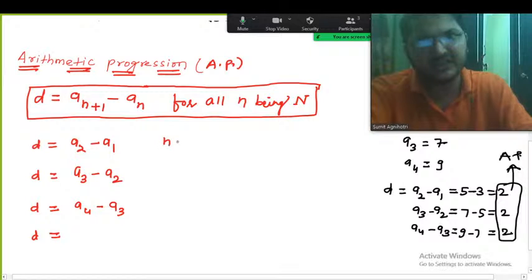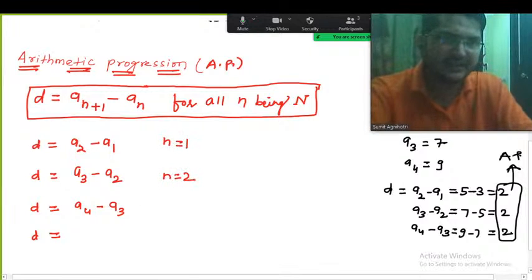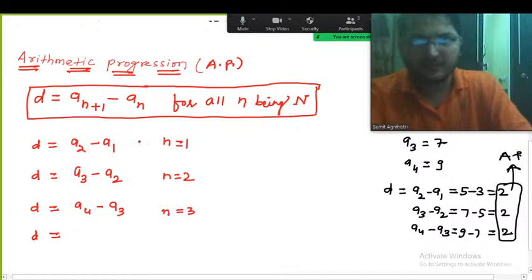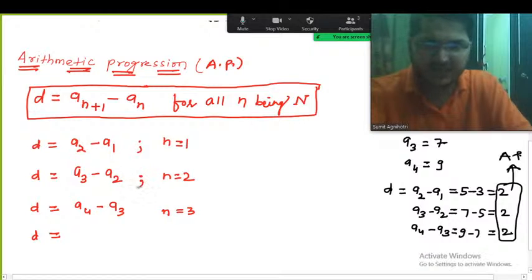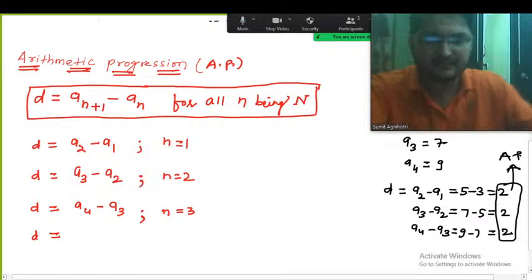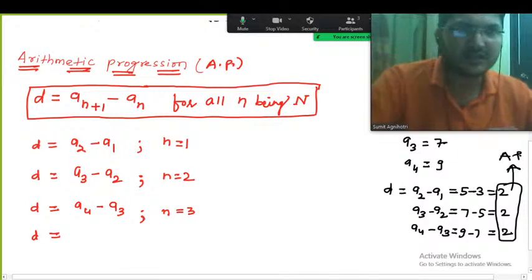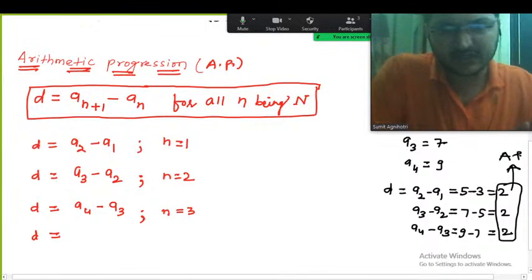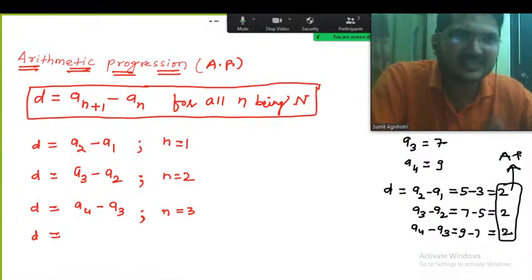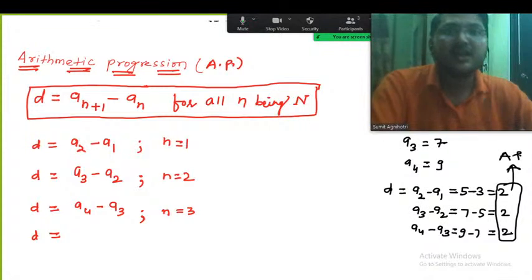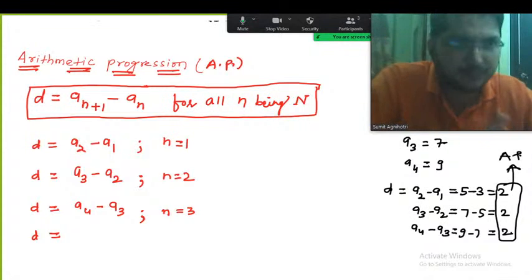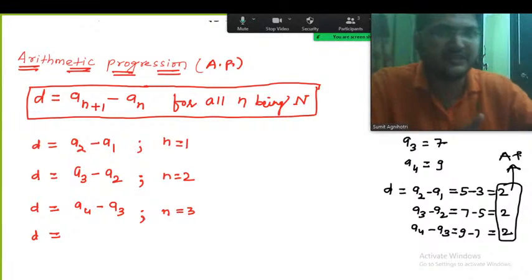Here we have written n equal to 1. Here we have substituted n equal to 2. Here we have substituted n equal to 3. And similarly, we may have many more n, because n is a natural number. We can have any n that is natural number, and we can get many such common differences. But remember, for a sequence to be an AP, all these common differences must be same.